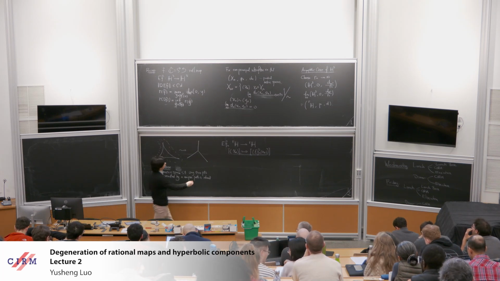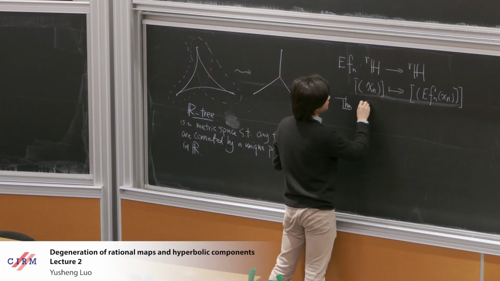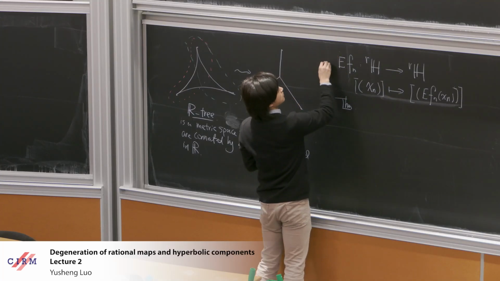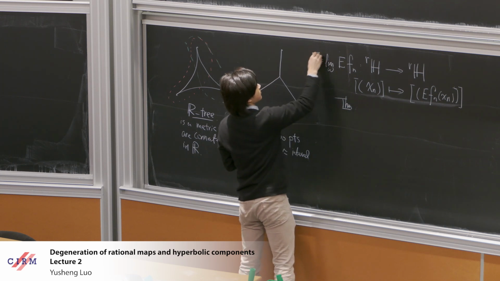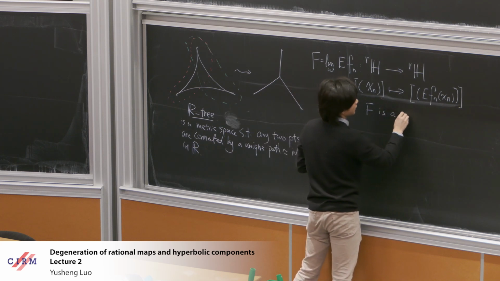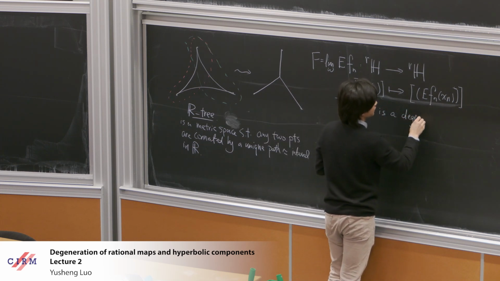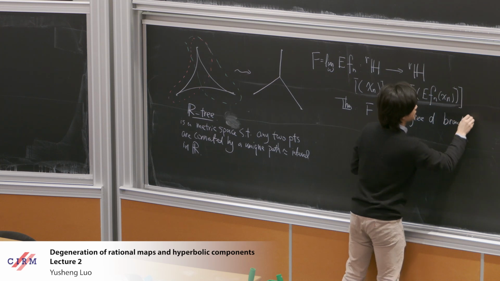And in fact, this map, let me denote this map by f. This should really be a limit. f is a degree d branched covering.